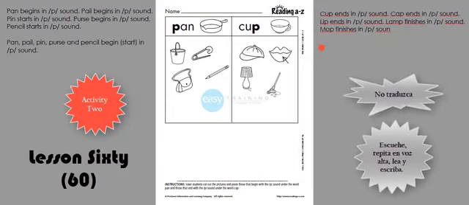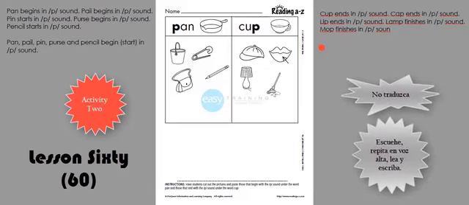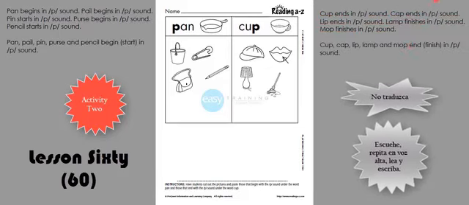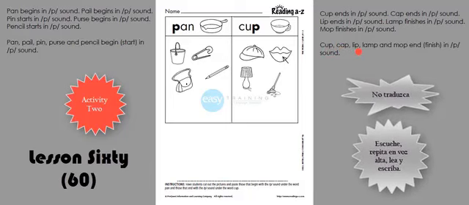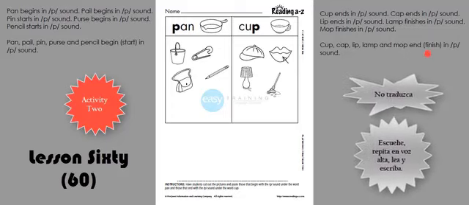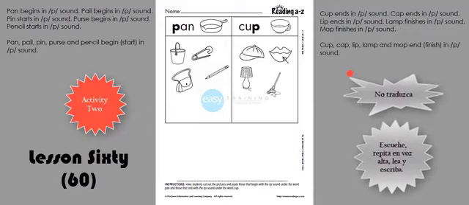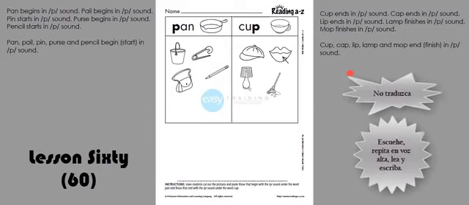A continuación voy a escribir un solo enunciado en el que incluya todas las palabras. Here you are. Cup, cap, lip, lamp, and mop end or finish in P sound. Okay? That's it. Now let's turn to the next activity.